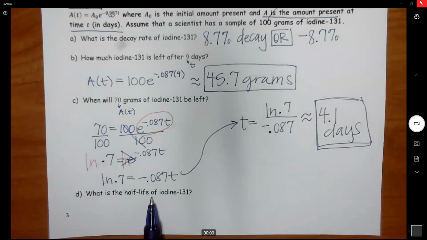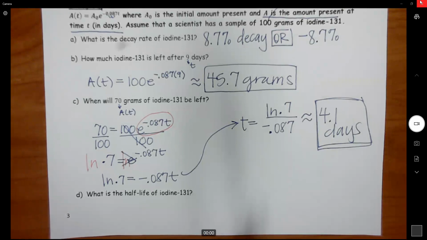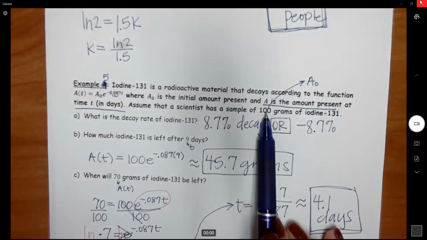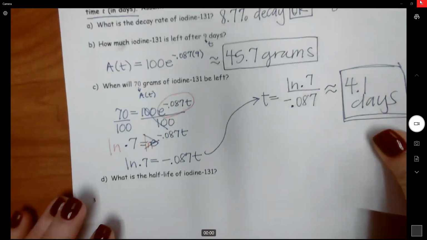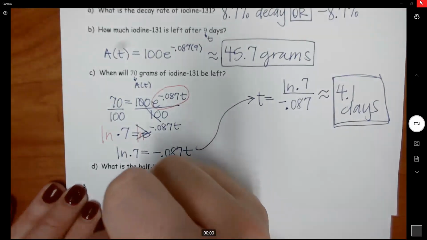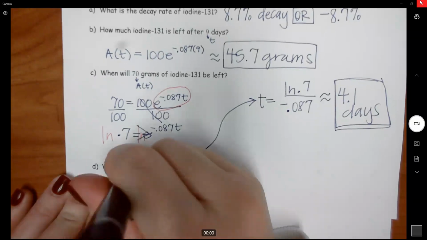So when I have growth, a lot of times it really wants to know when it's going to double. When you have decay, the big question is, when is it going to reach a half-life? So if I start with 100, it wants to know when is it going to be at 50?